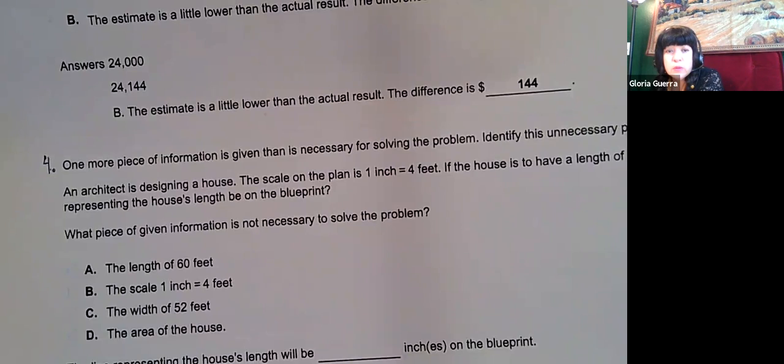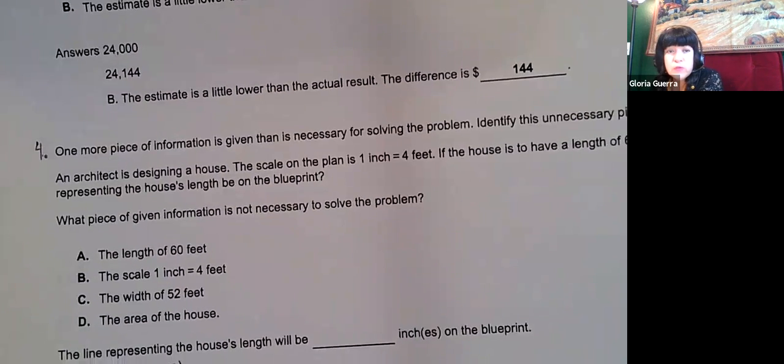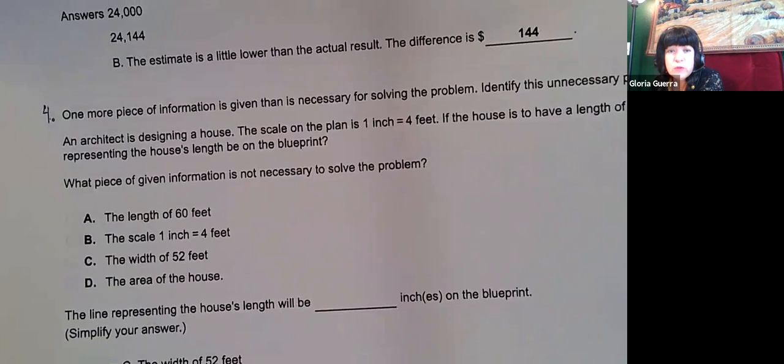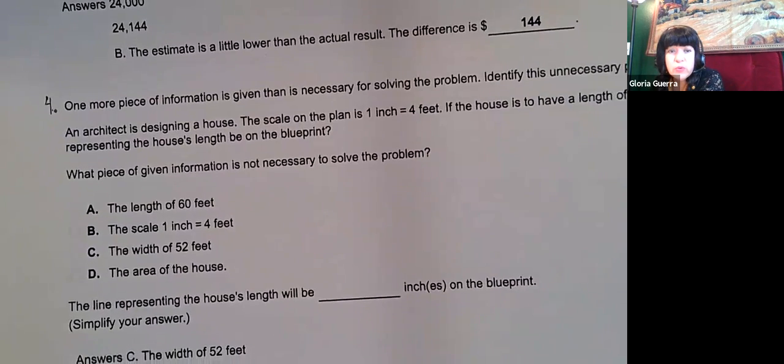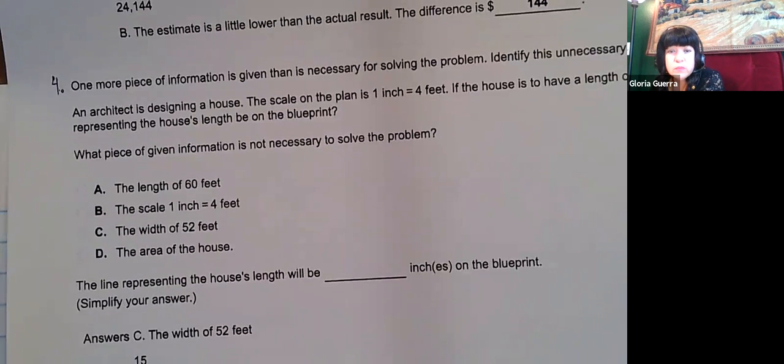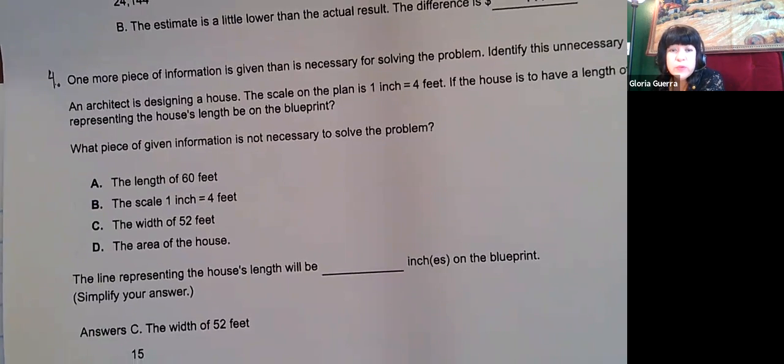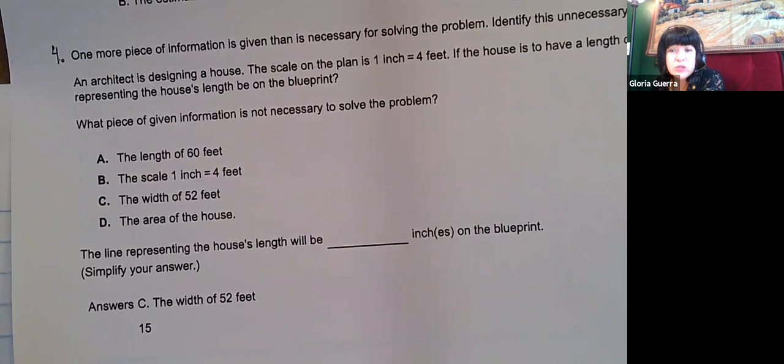And then they have answer choices for the first part. What piece of given information is not necessary to solve the problem? And then they say the line representing the house's length will be blank inches on the blueprint. Simplify your answer.